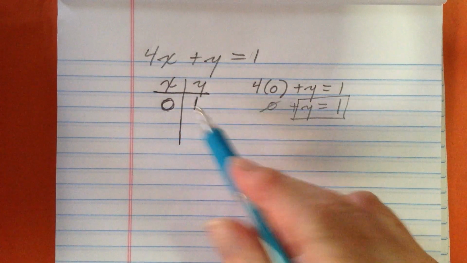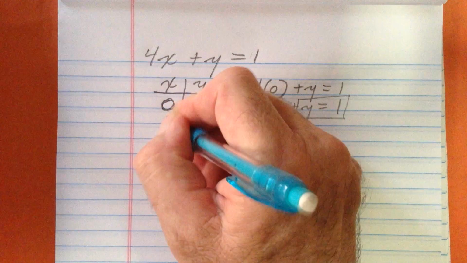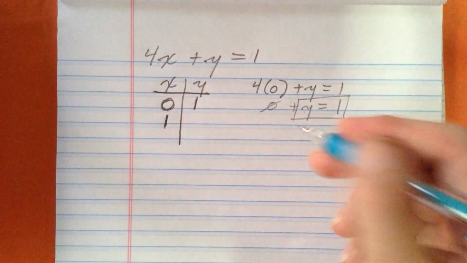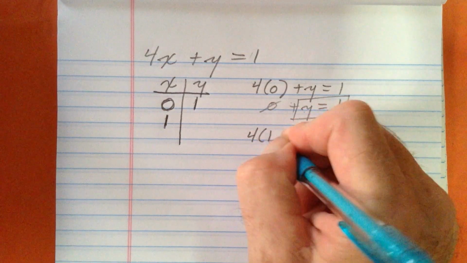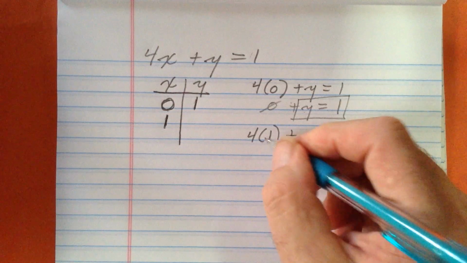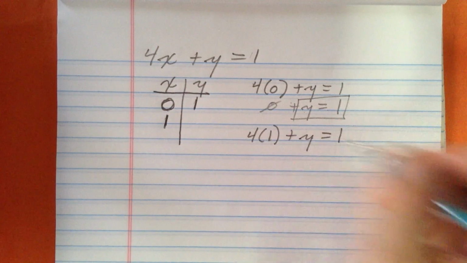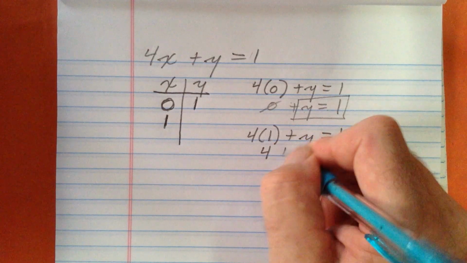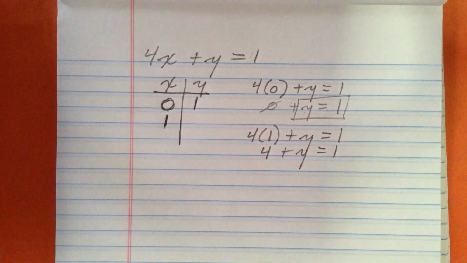So let's try x is 1. Let's just go one more up. So if I go 4 times 1 plus y equals 1. So if x is 1, what will the y be? Well, if I go 4 times 1 is 4 plus y equals 1.